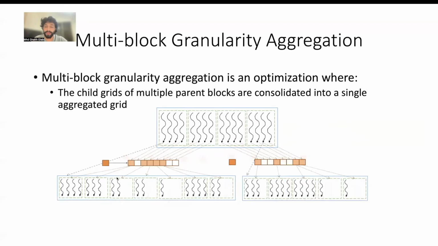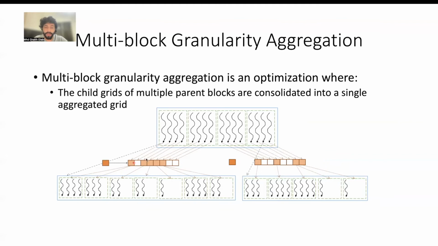We apply the multi-block aggregation optimization. Now, for every 2 parent blocks, we are aggregating their launches.